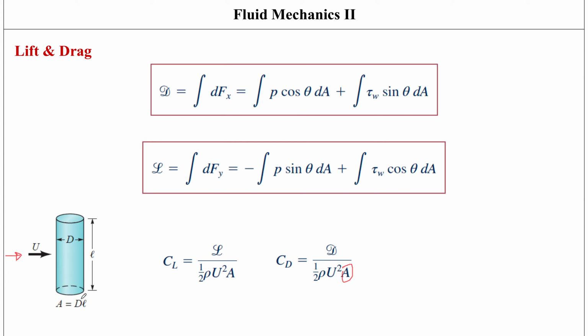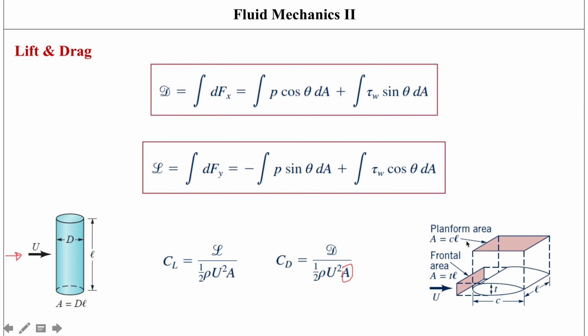But it's not always the case that we take the frontal area as the area. In some other situations, we also take the planform area, which is basically if you were looking at the object from the top view. So if you're looking at this, let's say, airfoil here from the top, then that would be called planform view.